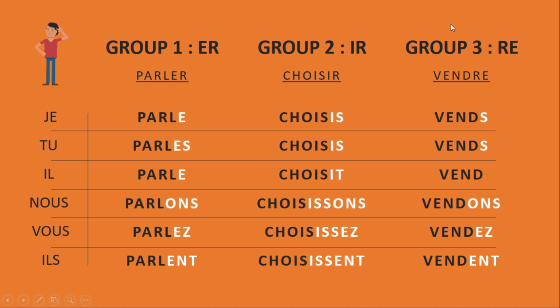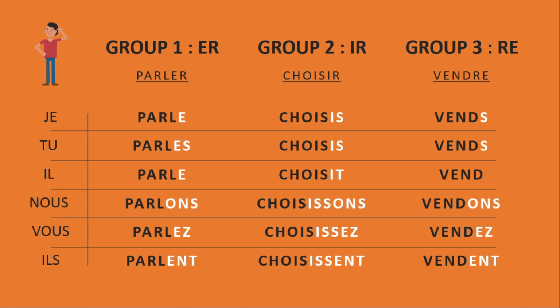And for group number 3, the infinitives end with re, like vendre, which means to sell. Parler means to speak. We saw it in the vocabulary.